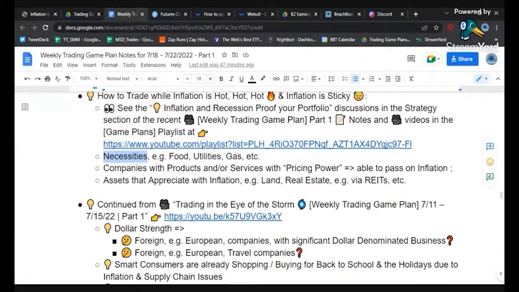The other thing is companies with products and services that have pricing power, so that they can pass on the inflation to the consumer, and the consumer is going to take it. A lot of those products are food and things like that. If the price of groceries goes up, people still have to buy groceries.